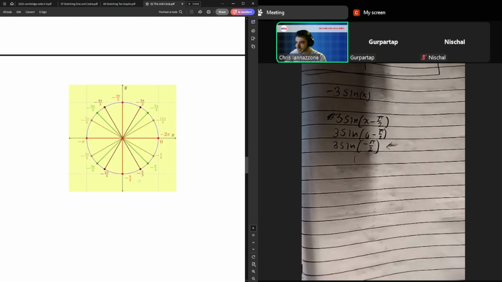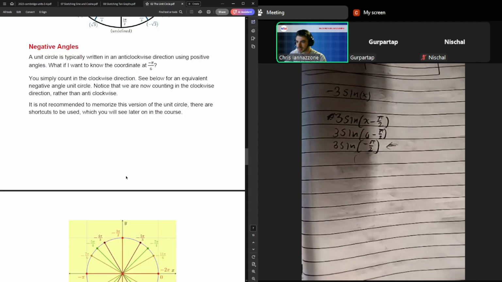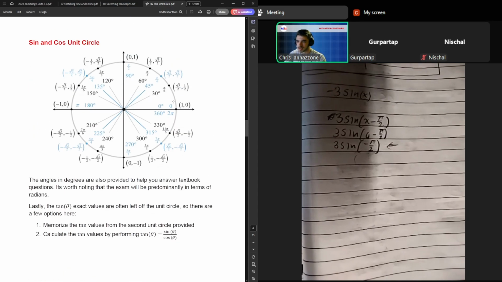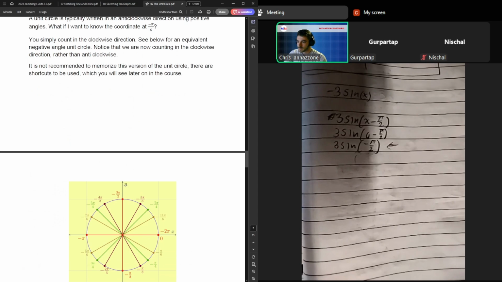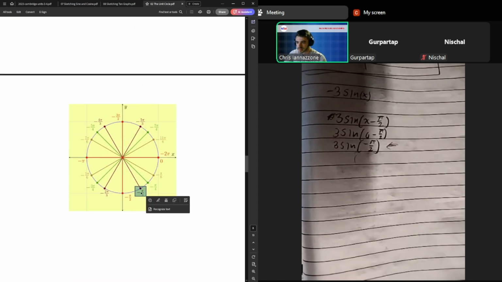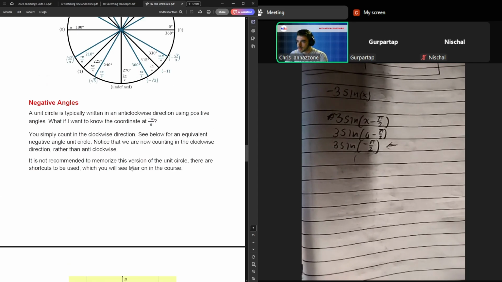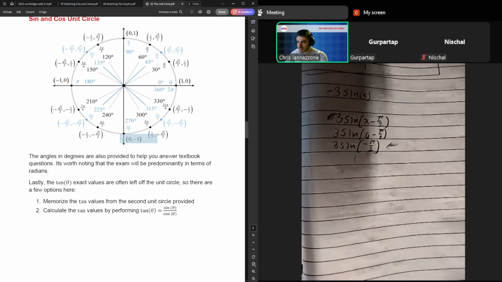So the way we handle negative angles is basically instead of counting, so this one counts in an anti-clockwise motion, so pi over 6, and it gets bigger and bigger as you go anti-clockwise. For negatives, you're effectively just going backwards instead. So what we'll find is negative pi over 2 is this spot vertically down, and the coordinate at that spot is 0, negative 1. We're doing sine, and so we want the y value at this spot. So sine of negative pi over 2 will therefore be negative 1.